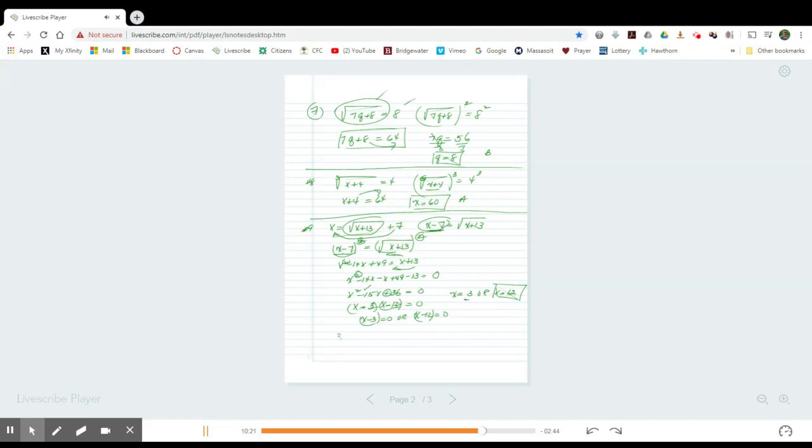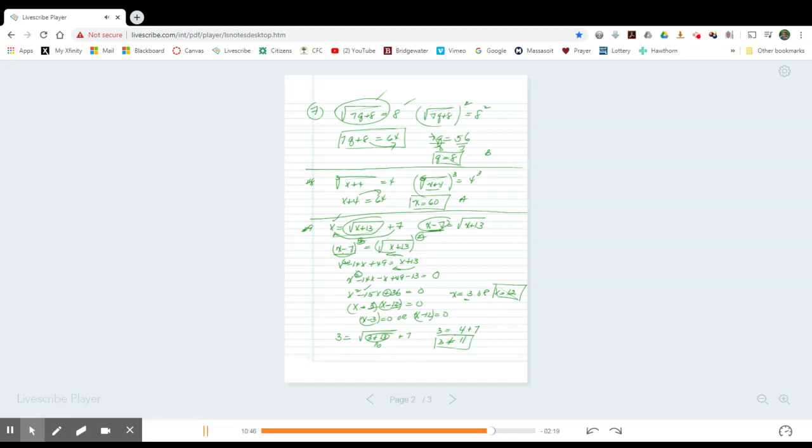Is that what I was saying earlier? Sometimes when you square both sides of an equation, you get what's called an extraneous answer. It's an answer that appears to be right, but in actuality doesn't check out. The reason it doesn't check out is that when we take the square root of 16, if you take the negative square root, which you're not supposed to, it'd be a negative 4.